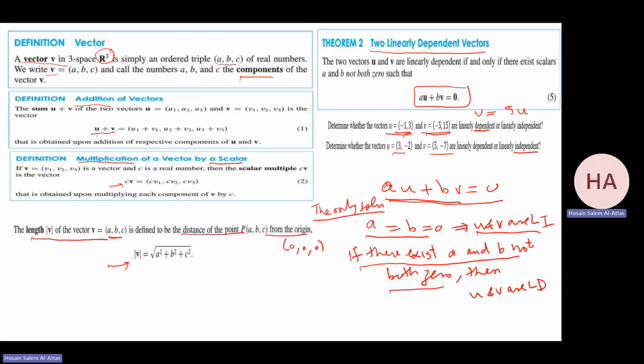This is for 2 by 2. This can be generalized to three vectors, 4 vectors, and this is what we will do later after we go to R3. We can generalize it not only to 3 vectors but to 4, and that will be explained in 4.3, 4.4, and so on. Okay.